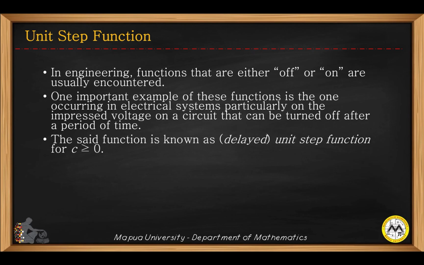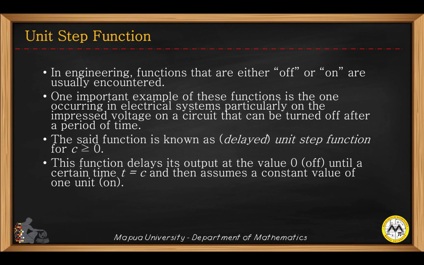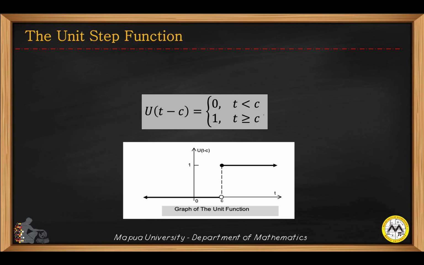That function is known as the delayed unit step function for c greater than or equal to 0. This function delays its output at the value 0, which is the off function, until a certain time t equals c, and then assumes a constant value, 1 unit, which is the on function. So this is the unit step function.